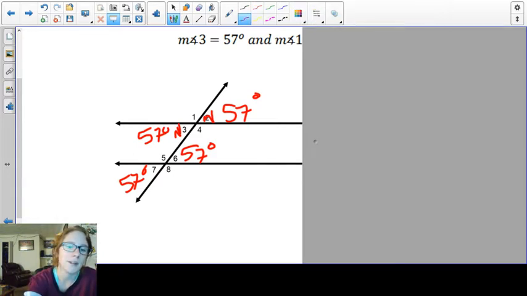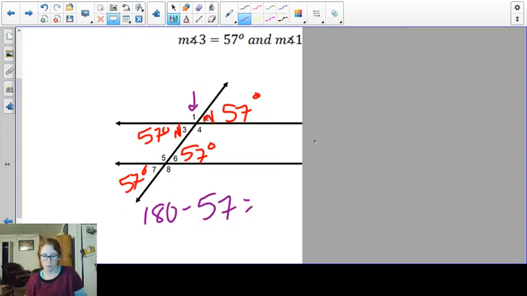So let's look at finding angle 1. Well, angle 1 and angle 2 are adjacent. If they're adjacent, they add together to give me 180. So that means that 180 minus 57 will give me the answer to angle 1. I don't know this off the top of my head, and apparently I didn't bring home my answer key, so we've got to get out the calculator.